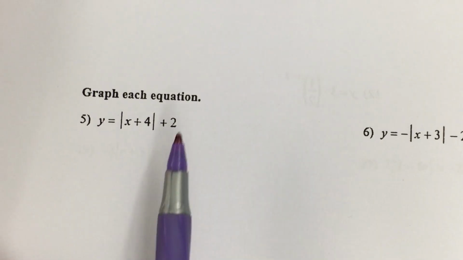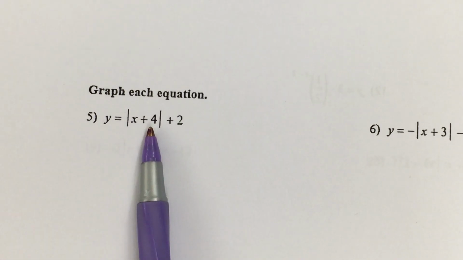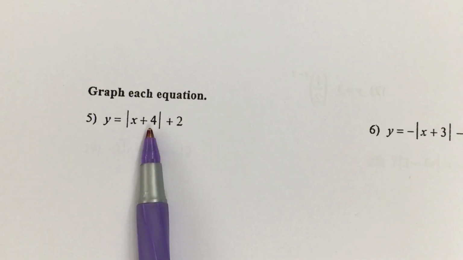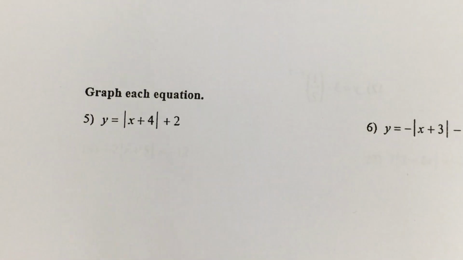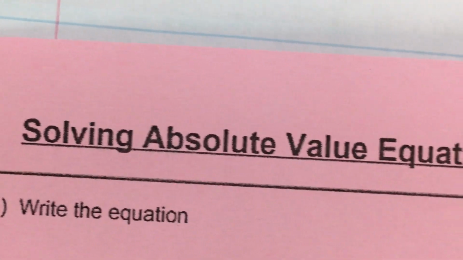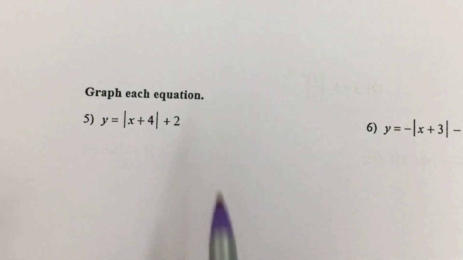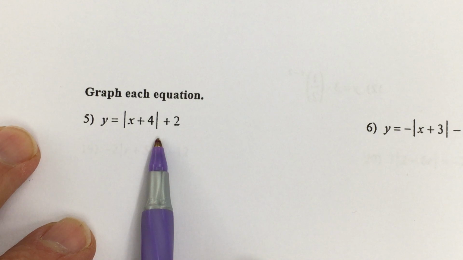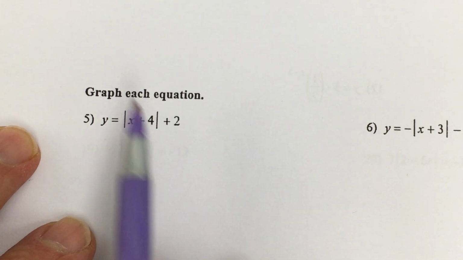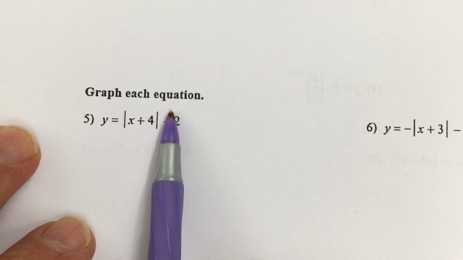So now I'm going to do this one. You should have the note on how to solve an absolute value equation. It's pink. First step, I'm reading the steps as I do it. Step 1, write the equation. Oh, they want me to graph this one, not solve.